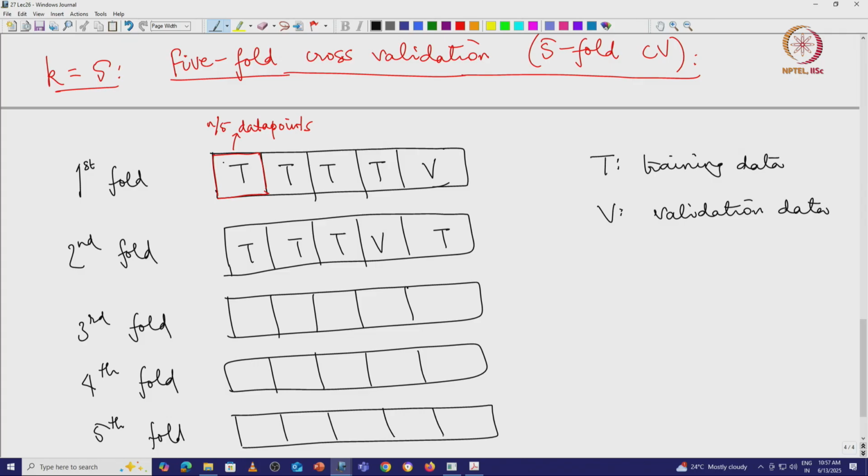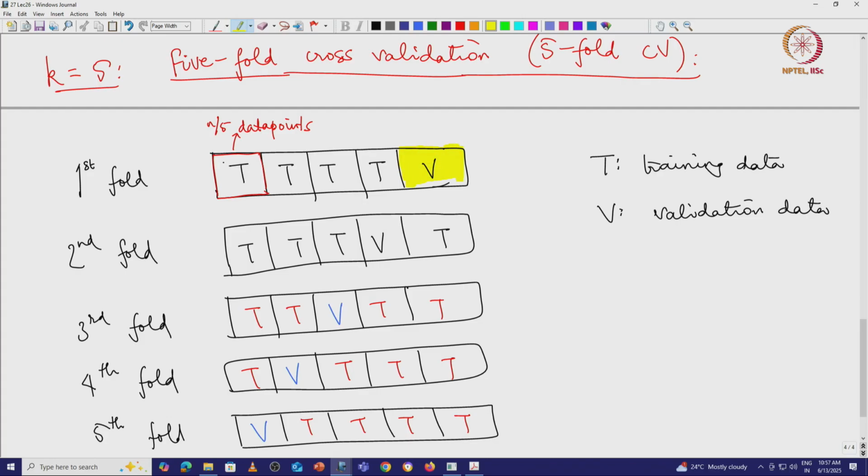So, the validation set will keep on moving. Here the third partition will be validation, here the second one will be the validation, and here the first one will be the validation, and the remaining of course will go into the training data. That is how each data point will get to participate in validation.